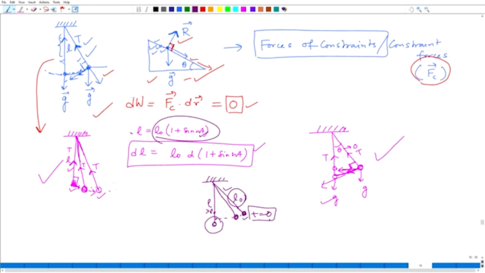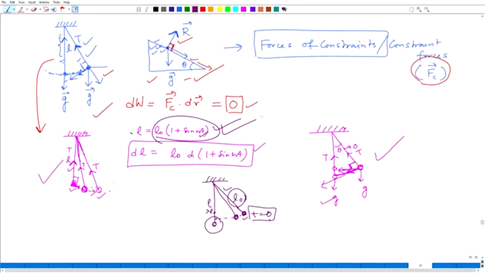So instead of comparing the position of the bob at two instants, let us say t equal to 0 and t equal to some 1 second or 2 seconds or 5 seconds, I will do the following trick. I imagine an equivalent imaginary system in which I just change the initial condition. And then I say, since the initial length is always L0, because that is what the constraint is all about.